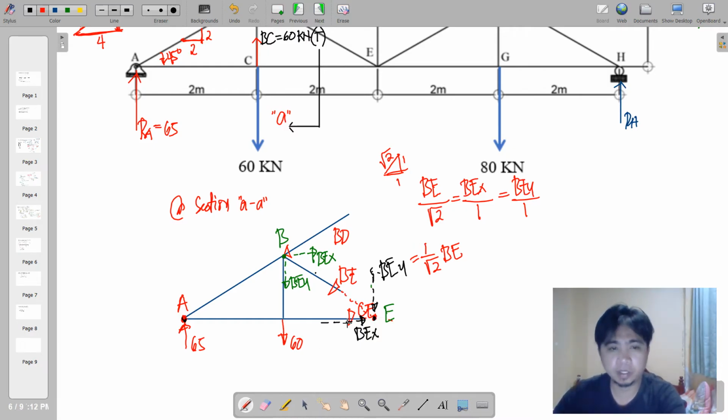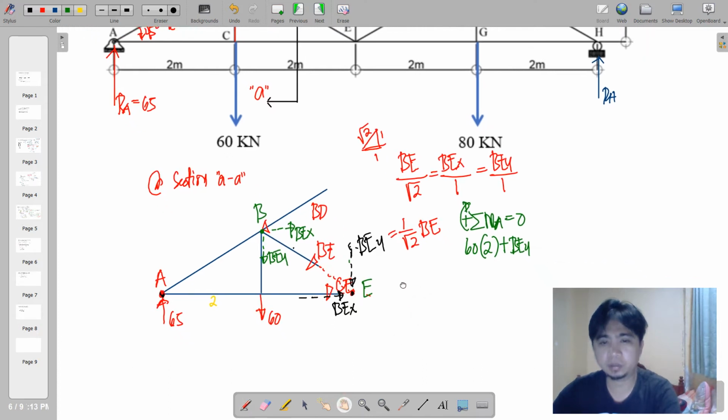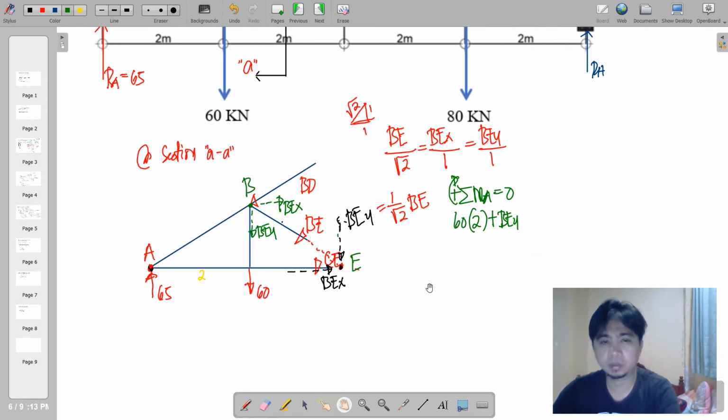So we are now ready to take moments at A. Summation of moments at A, we have a clockwise 60 times moment arm of 2, and BEY is also clockwise times moment arm of 4, and that would equate to 0.